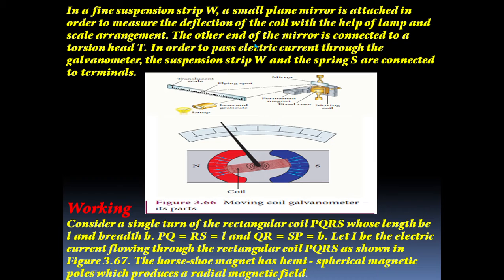The other end of the suspension is connected to a torsion head T. In order to pass electric current through the galvanometer, the suspension strip W and the strip S are connected to terminals.